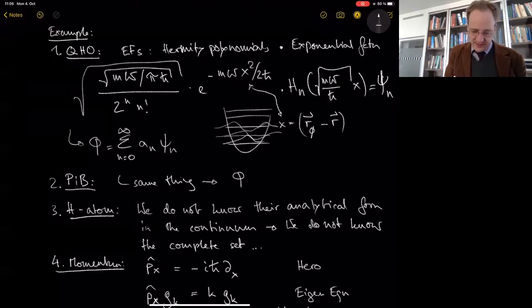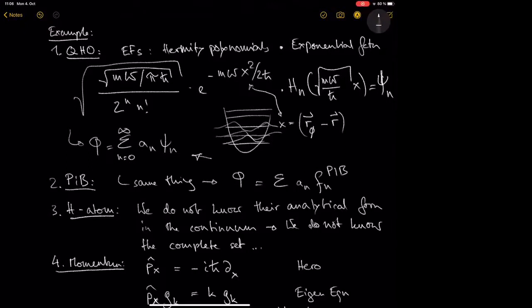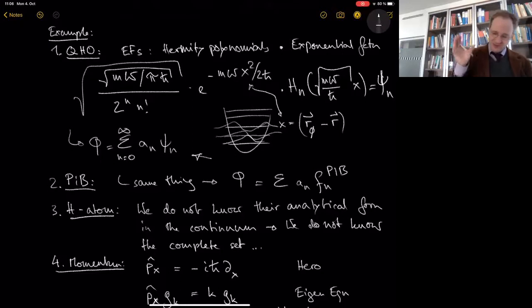Above you have the eigenfunctions of the harmonic oscillator, and you can also write, let's call them Fn, the particle in the box functions. I see. Okay, thank you. So in that sense, of course, these eigenfunctions are different. Yes.